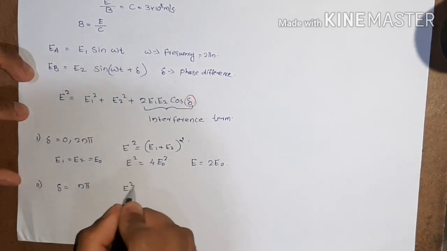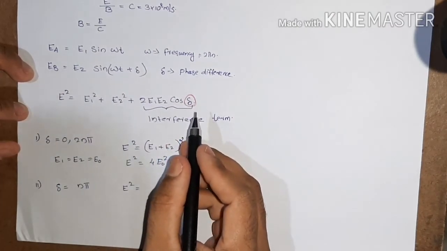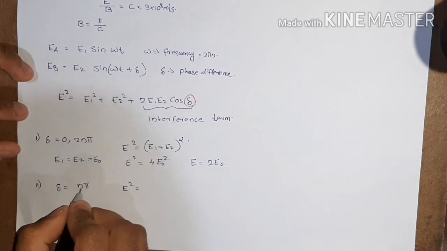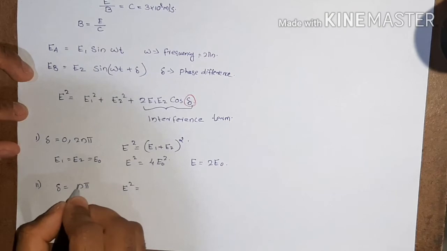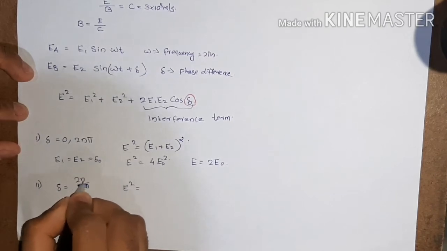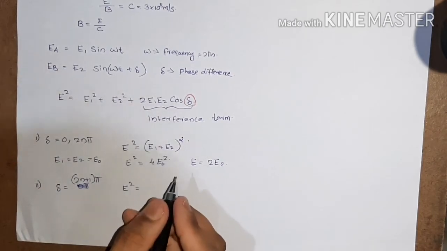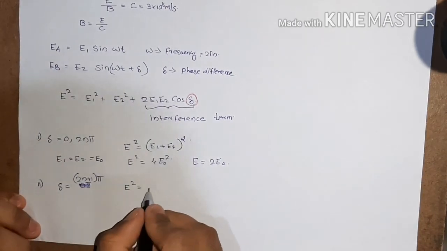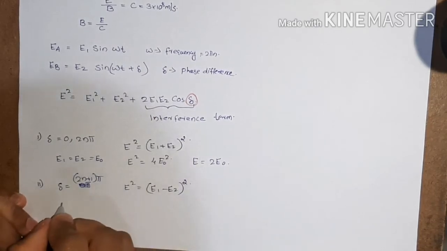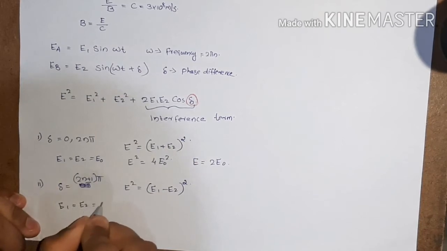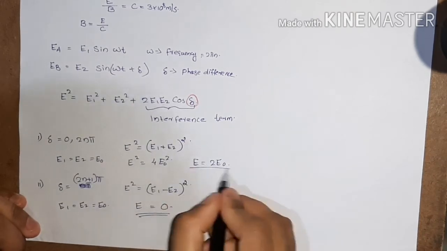Then cos of delta is minus 1, so E square will be equal to E1 minus E2 whole square, and again if E1 is equal to E2 is equal to E0, the resultant electric field intensity will be equal to 0.